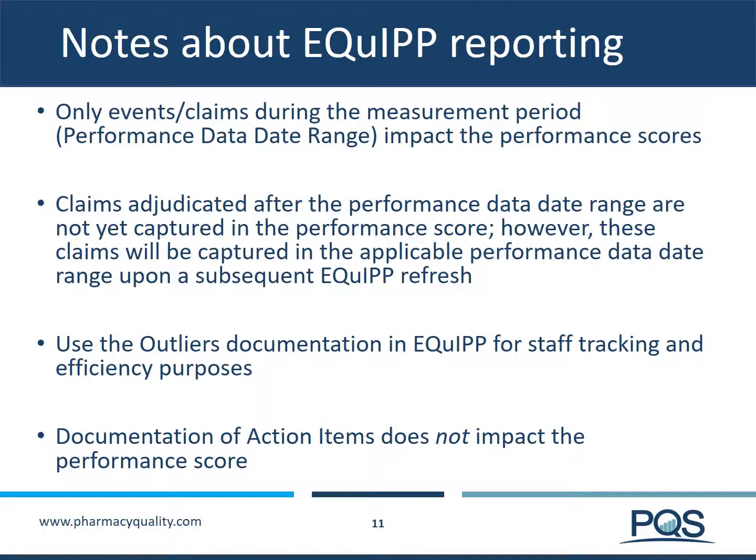However, those claims will be captured in subsequent EQuIPP refreshes, and that occurs roughly on the 15th of every month. The action documentation is really important to help you and your staff track your interventions and how you are handling quality improvement. But remember, those actions do not impact the performance scores.